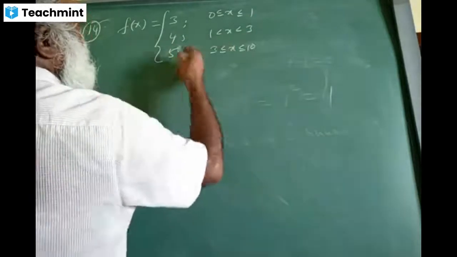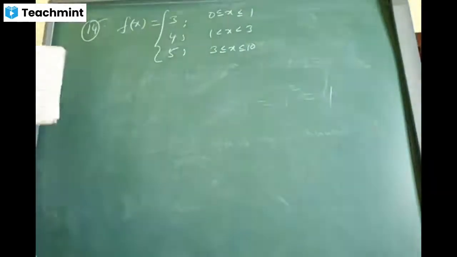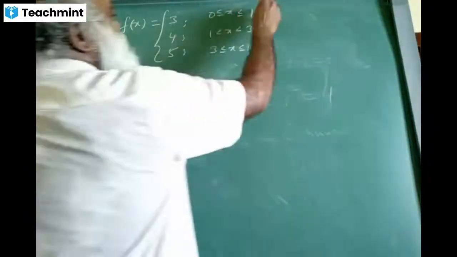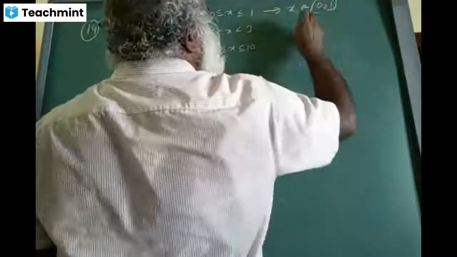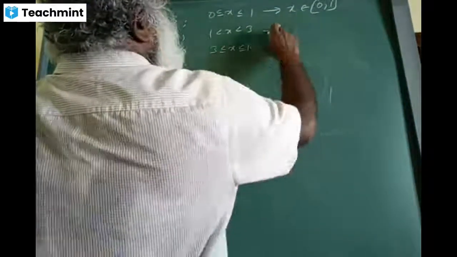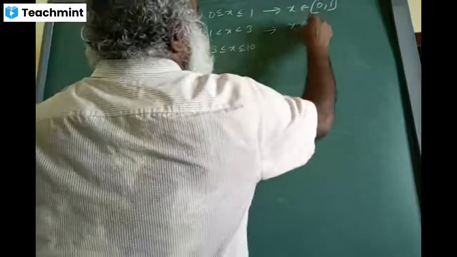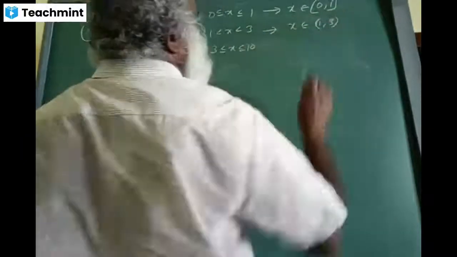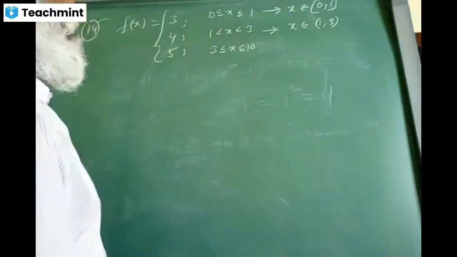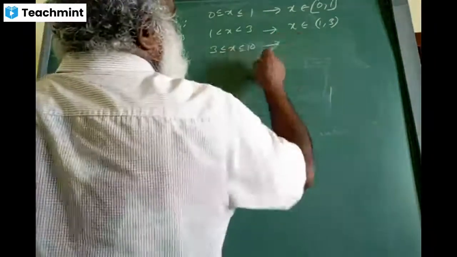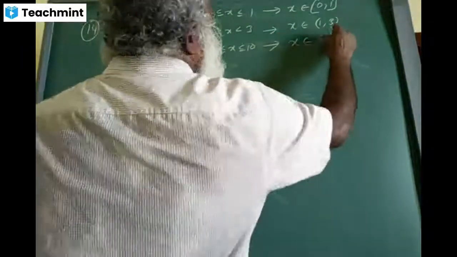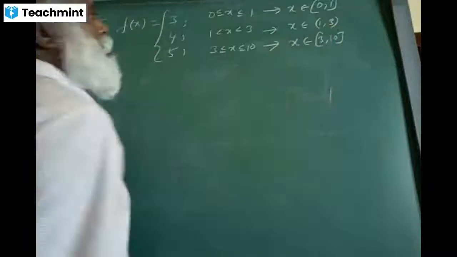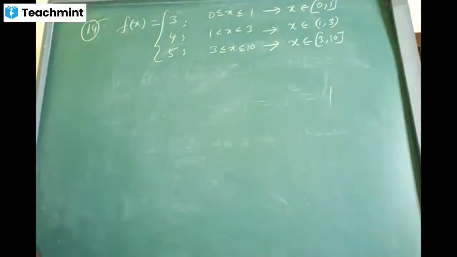The interval x belongs to 0 to 1 is inclusive. This is x belongs to 1 to 3, which is exclusive. X belongs to 3 to 10, this is inclusive. I hope we are able to follow this, right?